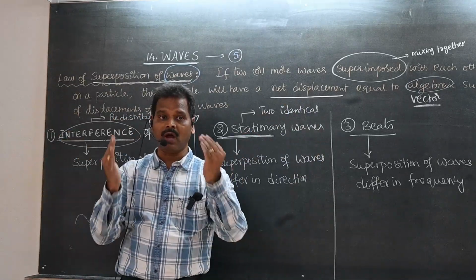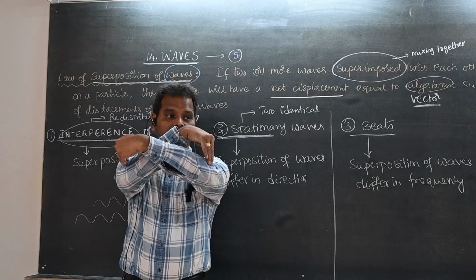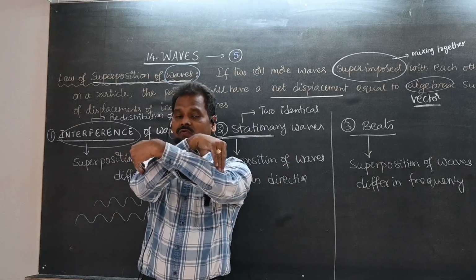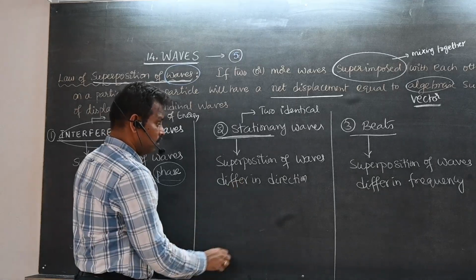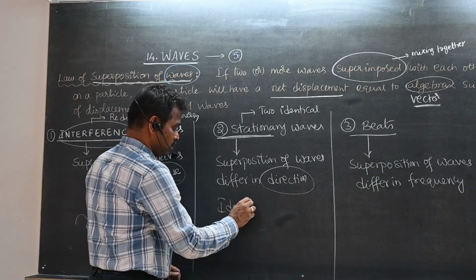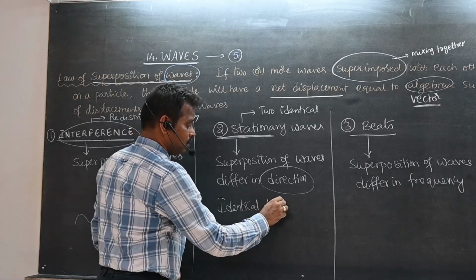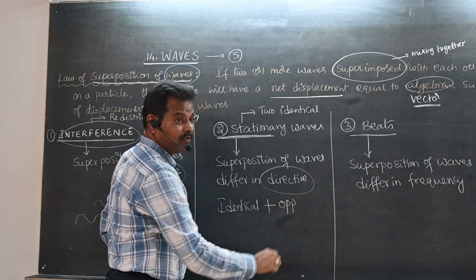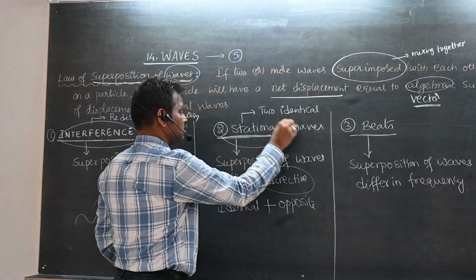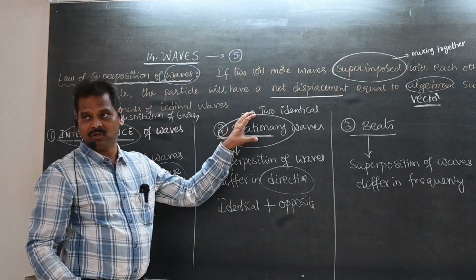If these are coming in opposite direction, then stationary waves will be formed. So there should come identical waves moving in opposite direction to produce stationary waves. Tomorrow we will learn about the stationary waves.